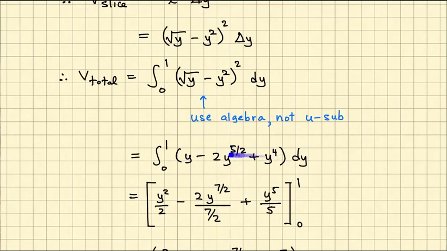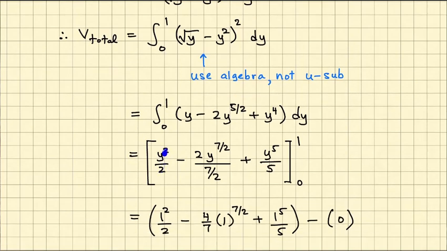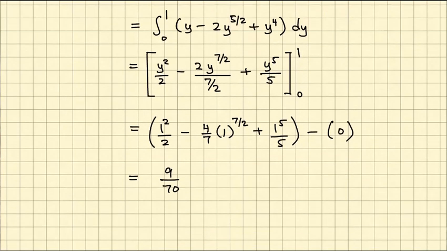Now we just anti-differentiate with the power rule and linearity. We get y squared over 2, minus, leave the 2 alone, y to the 7/2 over 7/2, plus y to the 5th over 5. We evaluate that from 0 to 1, and when the arithmetic dust settles, we get 9 over 70 as the volume of the solid.